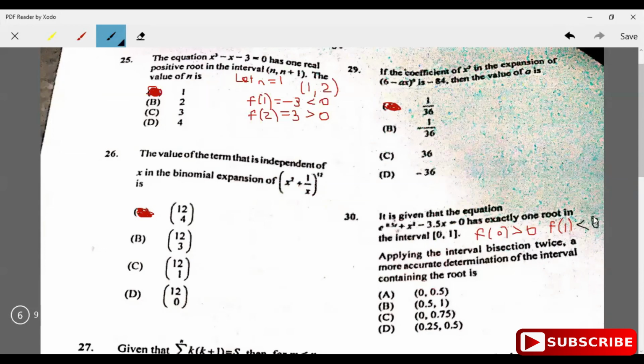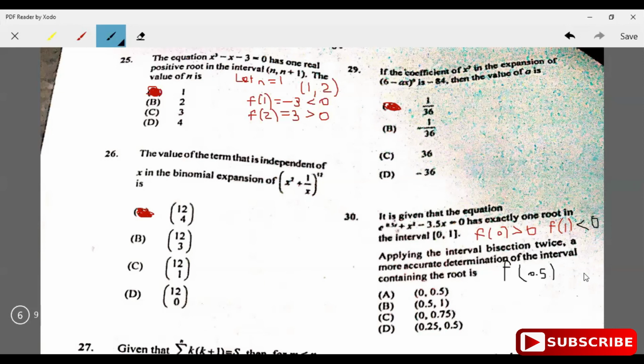Now we need to find the midpoint, which is 0.5. So what is f of 0.5? E raised to the 0.25 plus 0.5 squared minus 3.5 times 0.5.